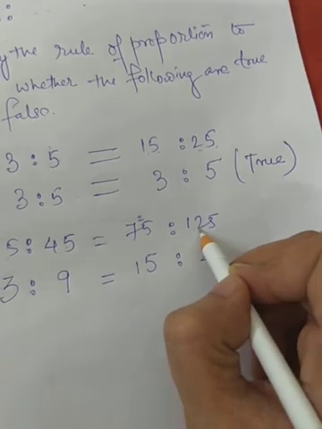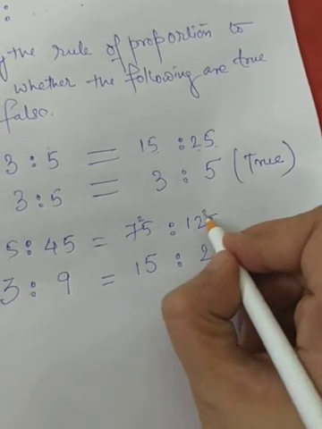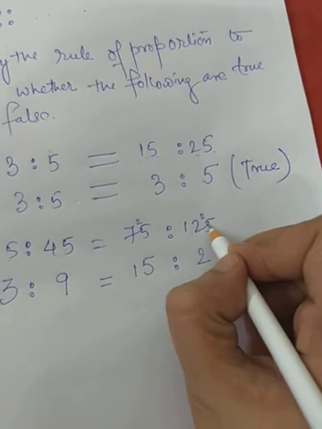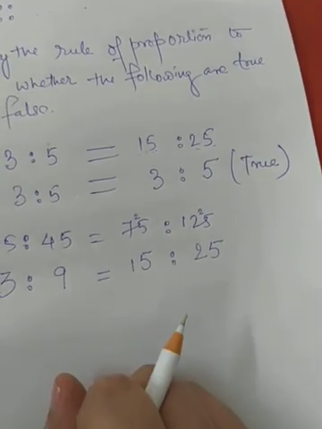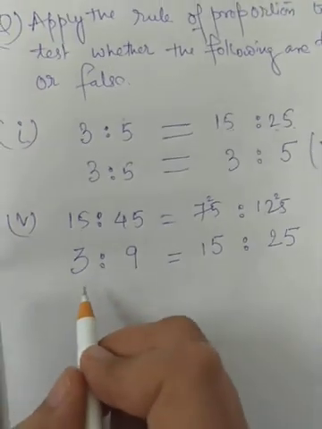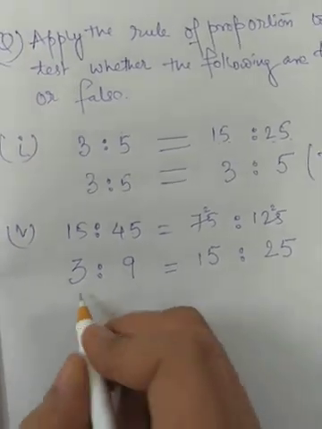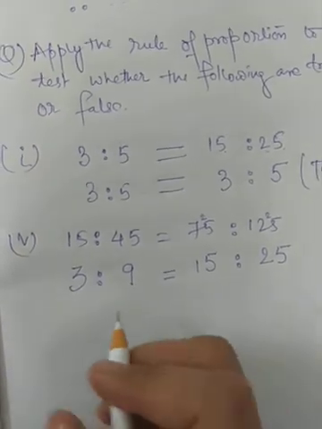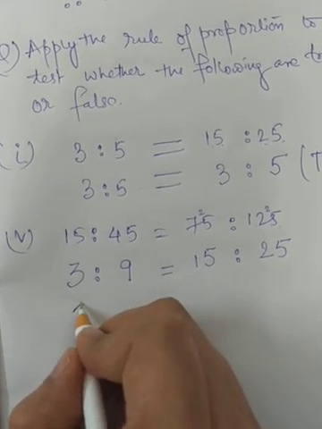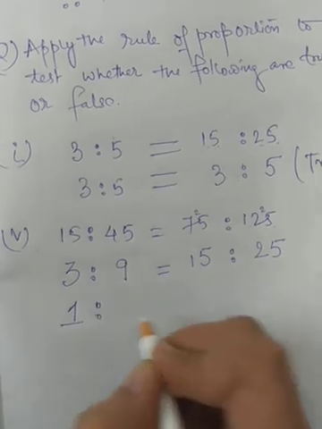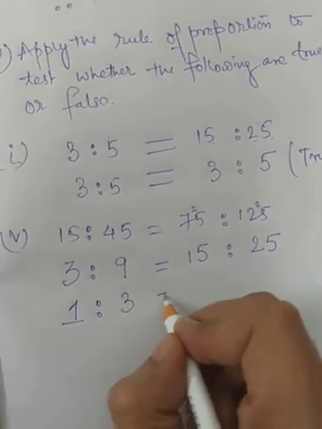If we subtract 10 from 12, it will give you 2, which makes it 25, and 5 5s are 25. Clear? Again come to this ratio, 3 and 9 both come in the table of 3 again. So if we cancel, it will be 3 1s are 3 and 3 3s are 9.